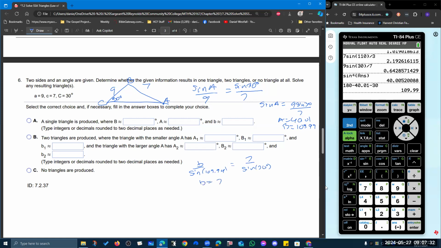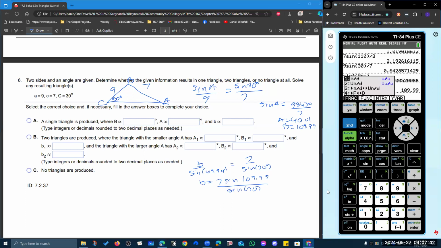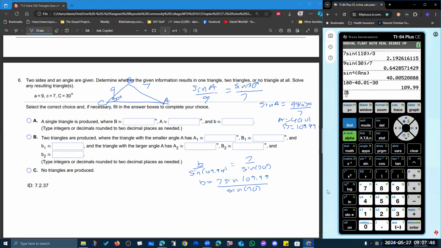So B equals 7 sine of 109.99 over sine of 30. So 7 sine 109.99 divided by sine of 30. And I get 13.16.